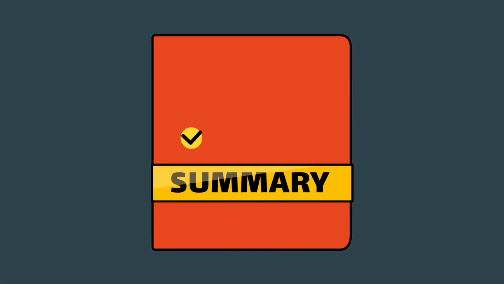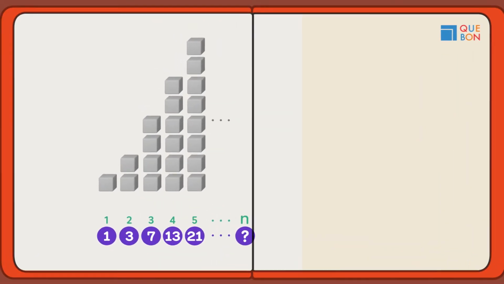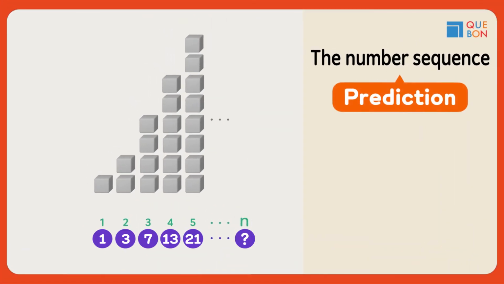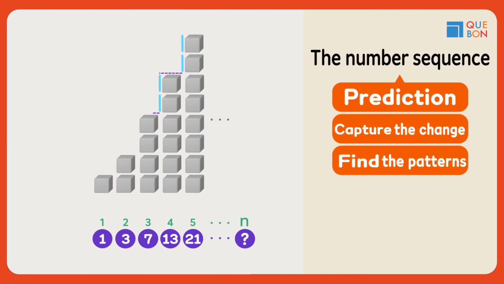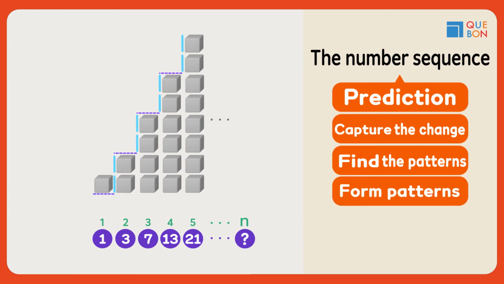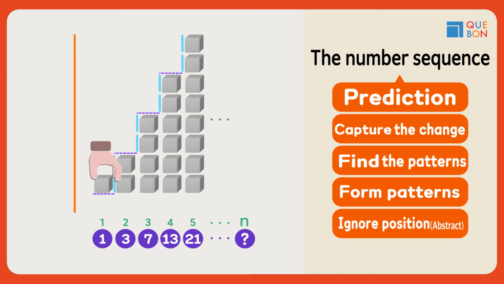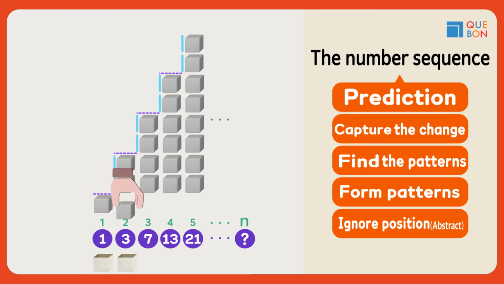Summary time. The essence of number sequence is prediction. In order to predict, we need to know the change and find the pattern of these changes. If the pattern doesn't match, we temporarily change the problem to match it. How? We ignore position.